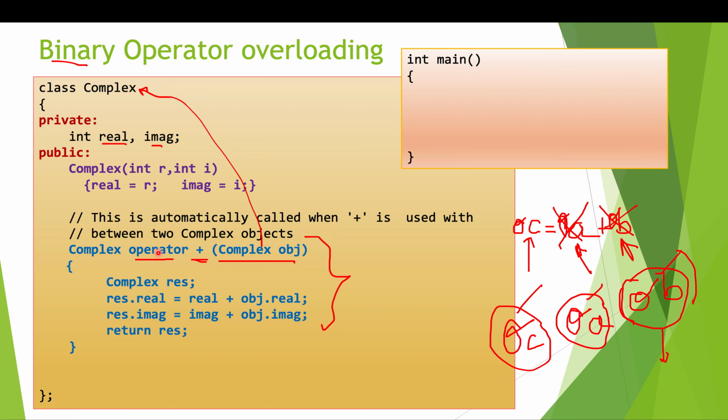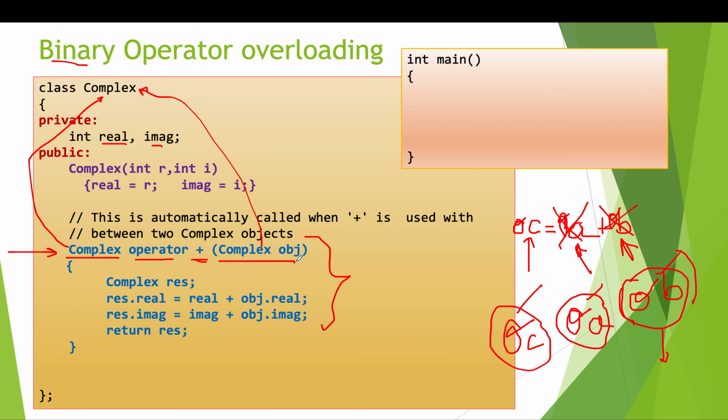Okay, the next thing is that the return type is again of type Complex. When we write int as return type, it returns an integer variable. But when we write Complex as the return type, that means it will be returning an object of the class Complex. So looking at this header, we know that the name of the operator is plus, or you can say the symbol of the operator is plus.